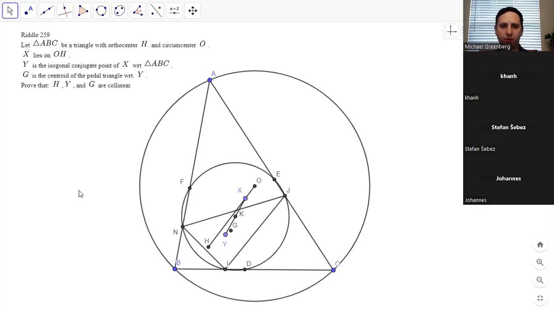G, I don't know exactly what that would be. G looks like a hyperbola. Oh, really? Looks like. Not sure. Interesting.